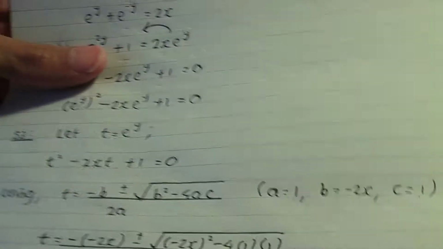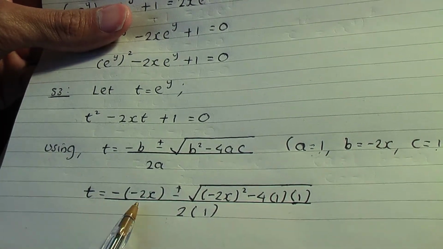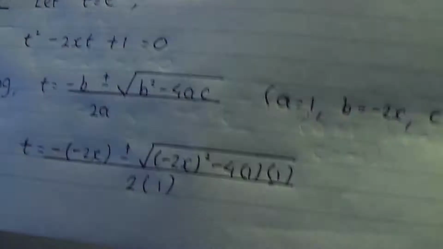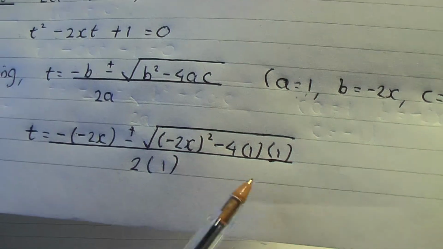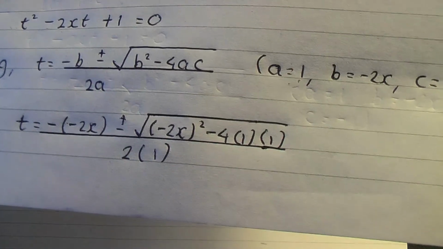So t will then be, if I expand these brackets, minus into minus 2x is plus 2x, so 2x plus or minus square root. So minus 2x squared equates to 4x squared, and minus 4 times 1 times 1 is minus 4.